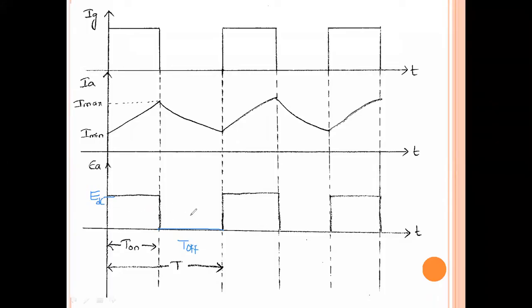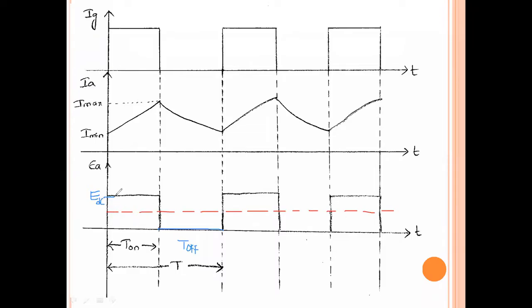If you calculate the average voltage for a single cycle, that means for the on time period as well as the off time period, you will get a DC value like this. I am plotting the average output voltage of the chopper circuit. So this will be the average output voltage.